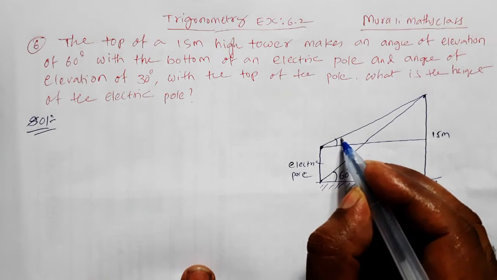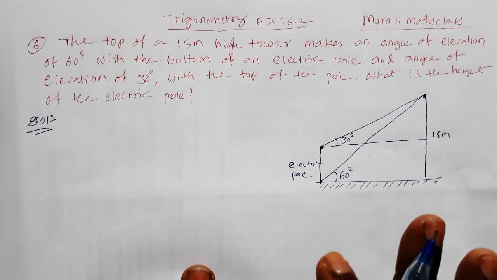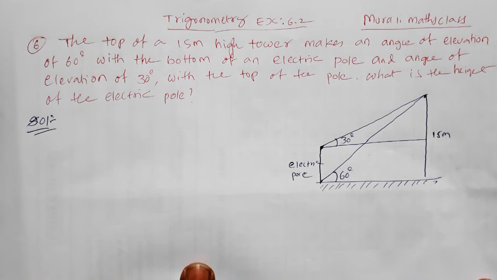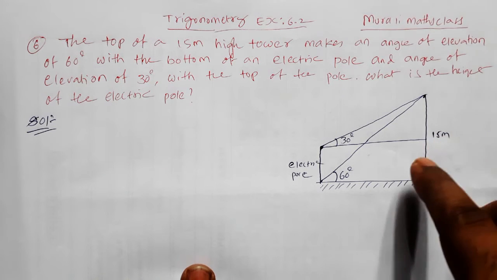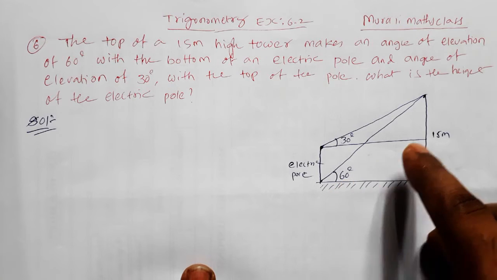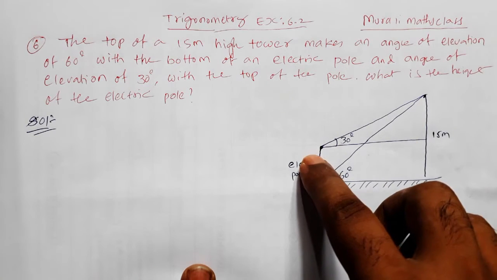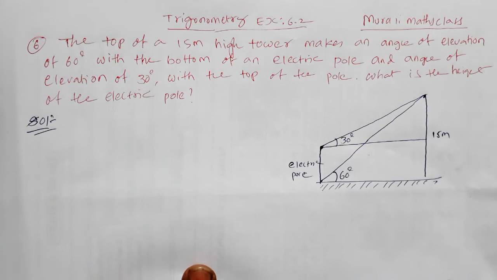So this will be 30 degrees. This tower, with the bottom of the pole, is making a 60 degrees angle of elevation, and the same tower with the top of the electric pole is making a 30 degrees angle of elevation. That is the diagram.